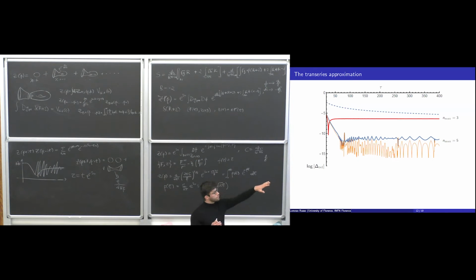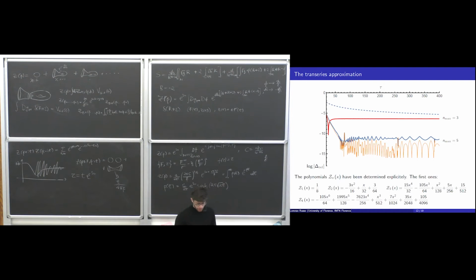And as you can see, once you arrive at including 5 terms, you have in the region of the plateau an agreement with an error of around 10 to the minus 14 or so. So a pretty good agreement. And here are some polynomials that you can consider.